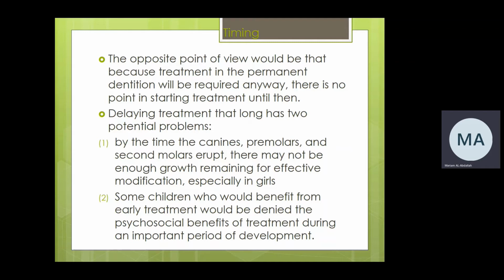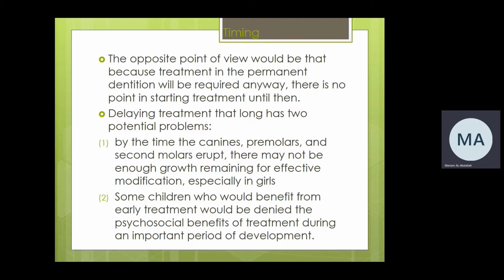We need to look at the opposite point of view, which means why don't we start in the early permanent dentition? Instead of having a lengthy treatment, why not go for the permanent dentition and then have a 1 stage or a shorter treatment duration? Well, we will have 2 problems. Number 1, as the permanent canines erupt and the second premolars erupt, we will have little growth left to modify.